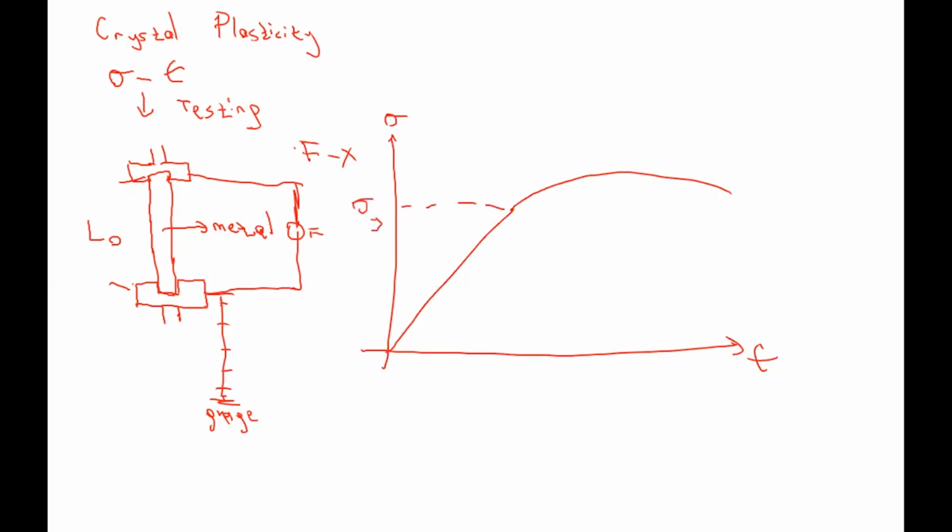With crystal plasticity, we calculate the stress one by one with increments with elastic strain. Then we try to get this form. But this is macroscopic, and in crystal plasticity, we include microscopic features.